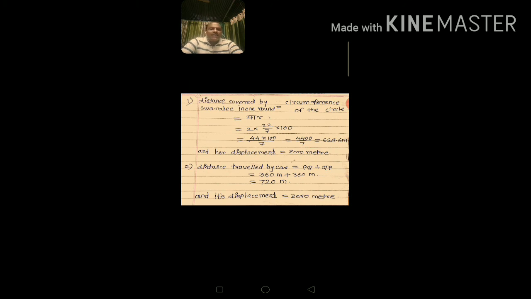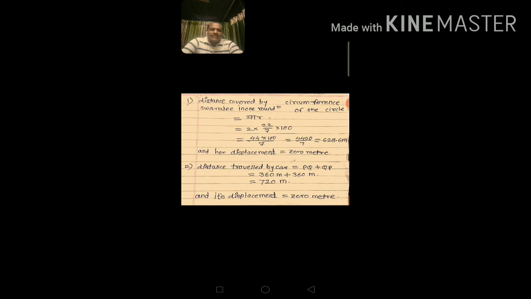According to the definition of displacement, it is the minimum distance between the starting and finishing point. Listen carefully: Swarali's starting point is A and the ending point is also A, and hence her displacement is only 0 meters.